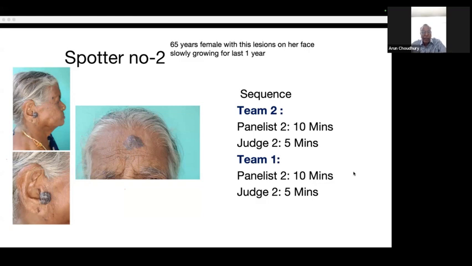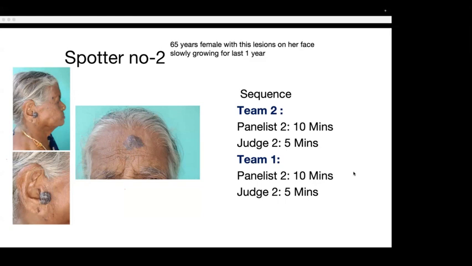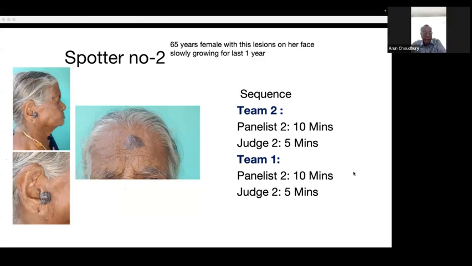So already we have talked about what the types of basal cell carcinoma are and what type you are having in this patient. Sir Gangaram, Team 2, I am asking. Dr. Nishta and Dr. Rishika, any of you?